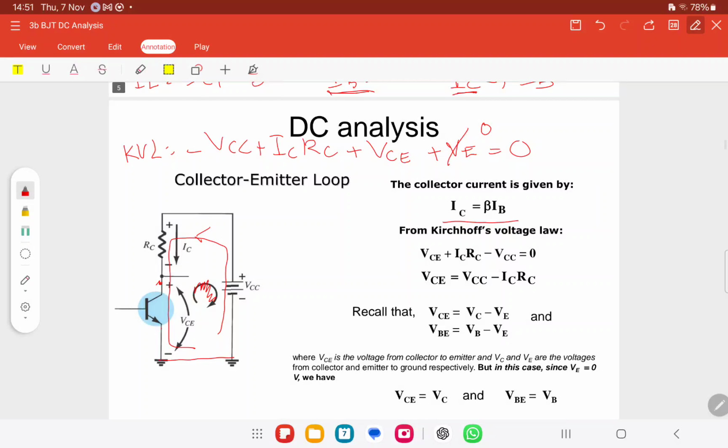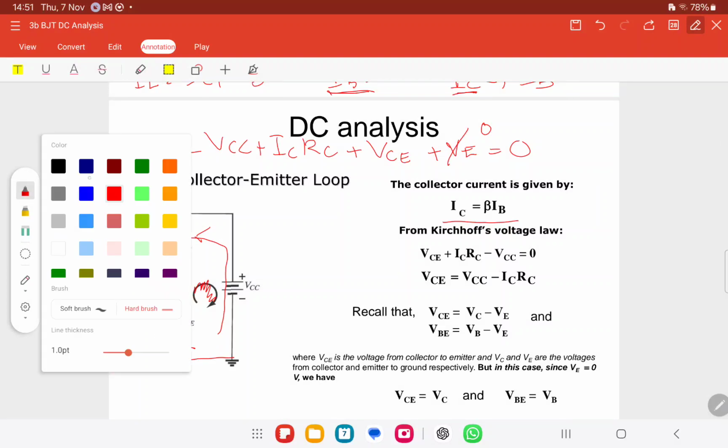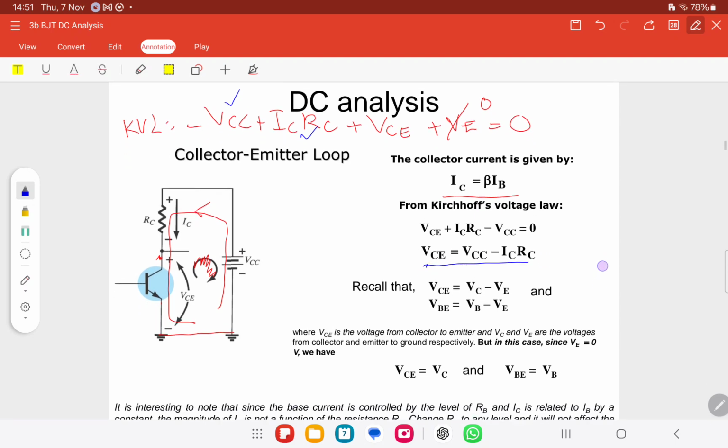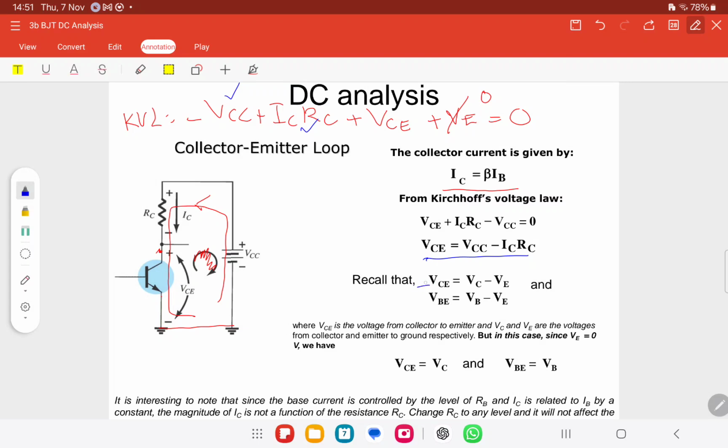Okay, so now what are the value yang kita ada? We have VCC ada. Okay, IC RC ada. VCE so boleh dapat tak? Okay, so boleh dapat the VCE.